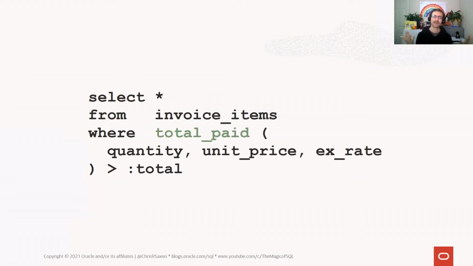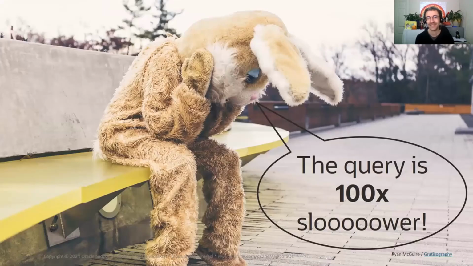Sounds great. Well, that is until we come to actually execute this query. And what happens? It's suddenly significantly slower than if we just had the expression in the where clause itself. Why is this? What's going on here? Well, the thing to remember is that SQL and PL/SQL are separate runtime engines.